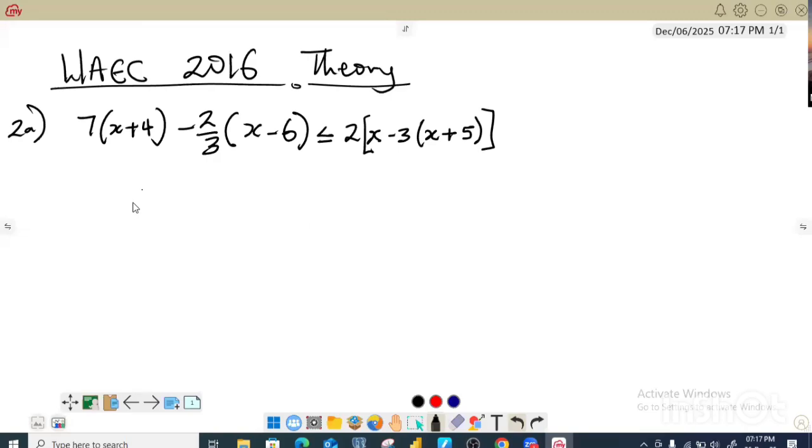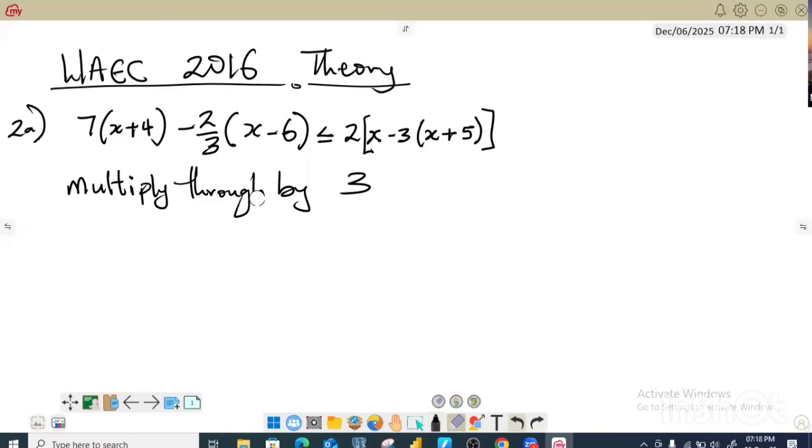Or let's first eliminate this fraction. But to eliminate the fraction, you have to multiply through by 3, because that's the only denominator. So you are multiplying through by the LCM, multiply through by 3.